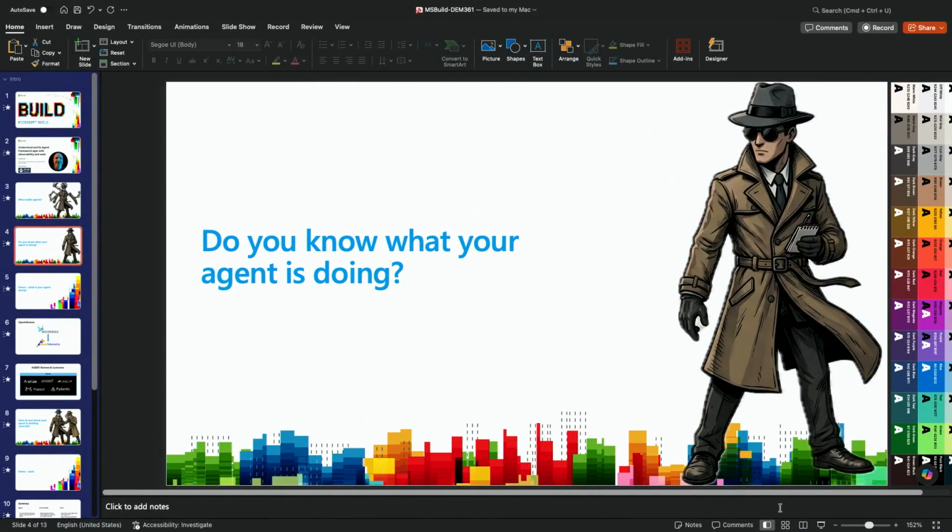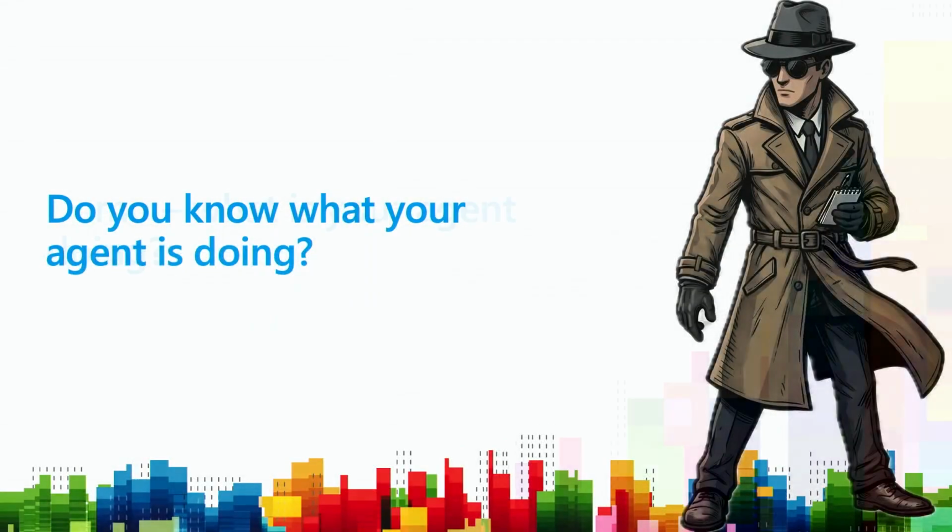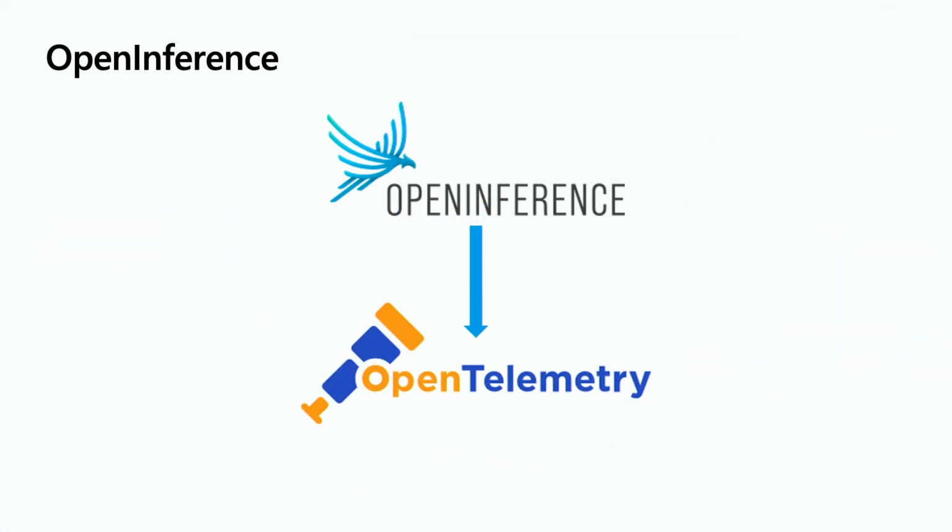So there is a thing called, where are we? Open inference. Has anyone heard of open inference? OK, one hand. Open inference is an open standard extension for OpenTelemetry that works with the semantic conventions for AI. So basically, it makes AI work with OpenTelemetry. Now, OpenTelemetry are working on a Gen AI standard.